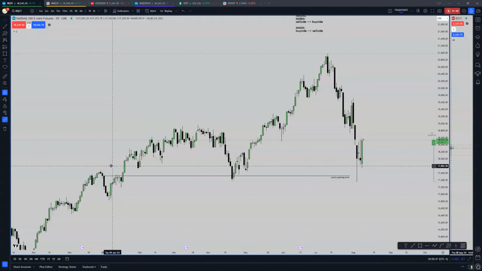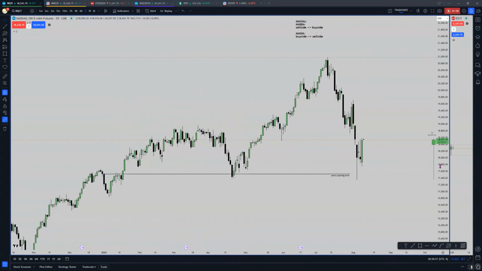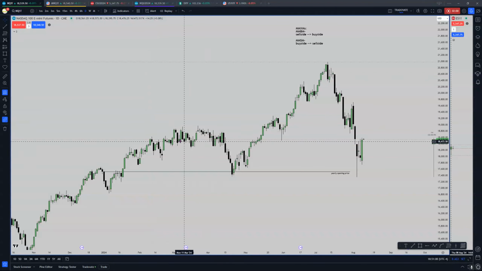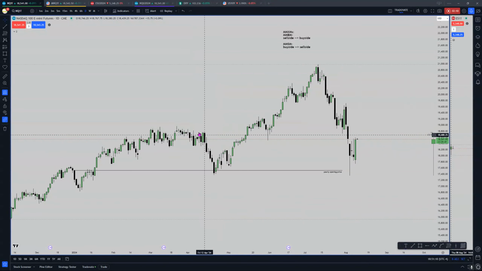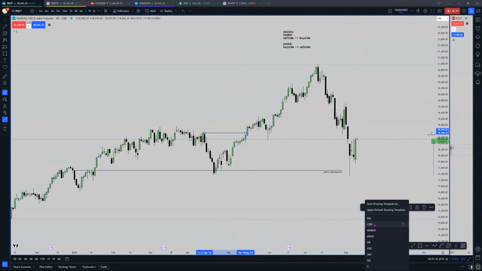Throughout January, February, and March, and a little bit of the first week of April, you can see we had an accumulation. When we have an accumulation, it gets followed by what? A manipulation. So the start of April, which is also the start of our second quarter, we get this manipulation down and we get a change in the state of delivery.